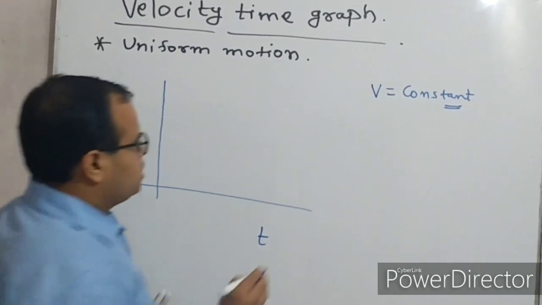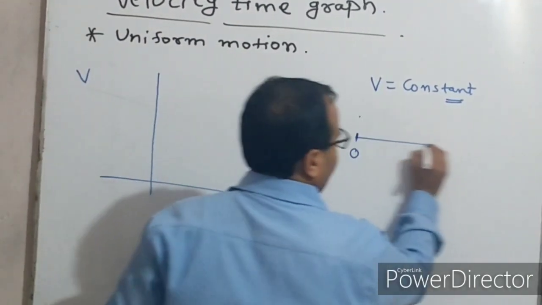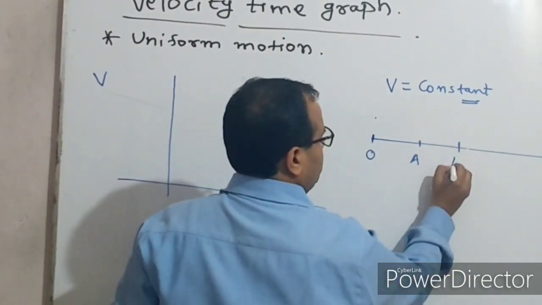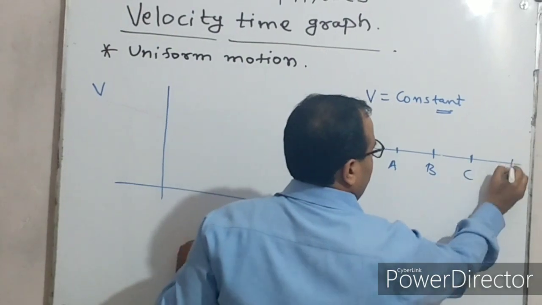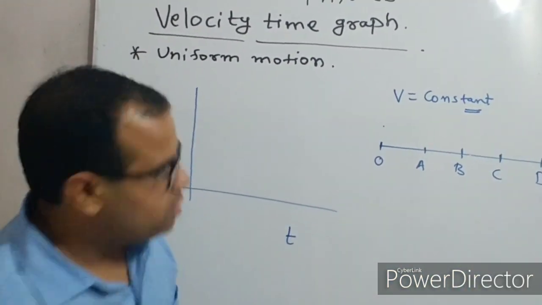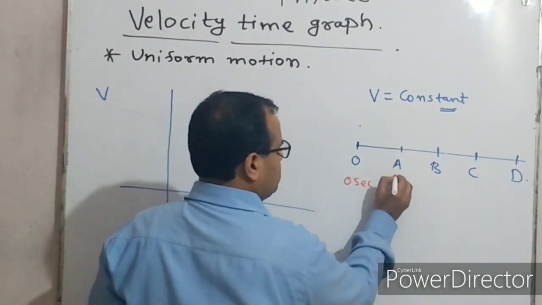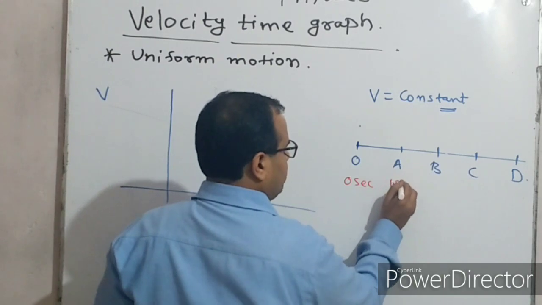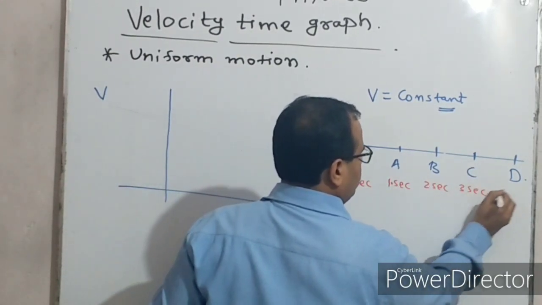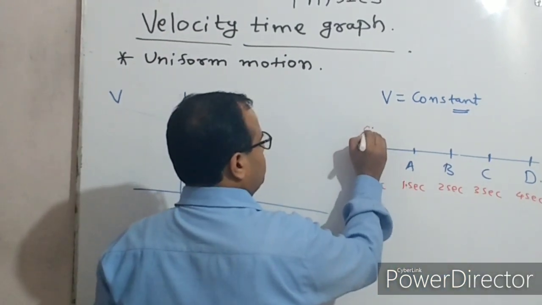What does it mean? Suppose it starts from this point O. This is A, B, C, D, and these are the different time instants. Say this is 0 second, this is 1 second, this is 2 seconds, this is 3 seconds and 4 seconds.